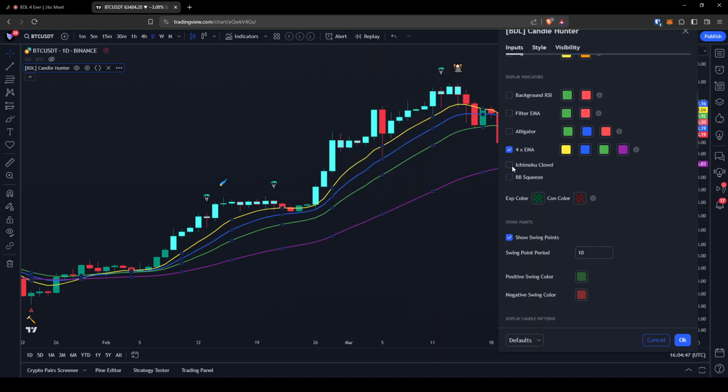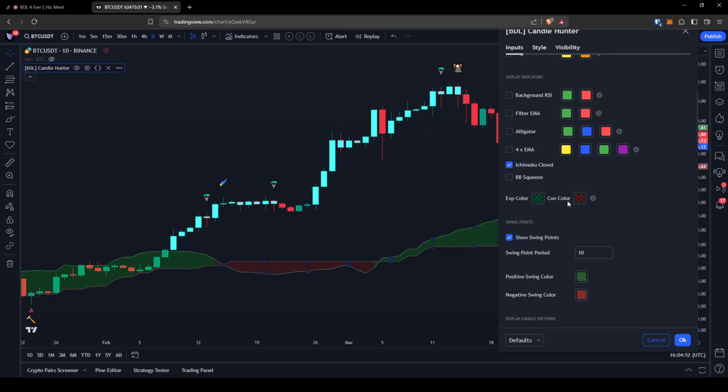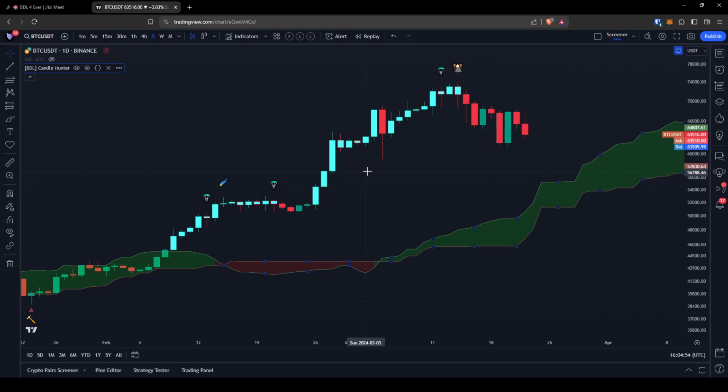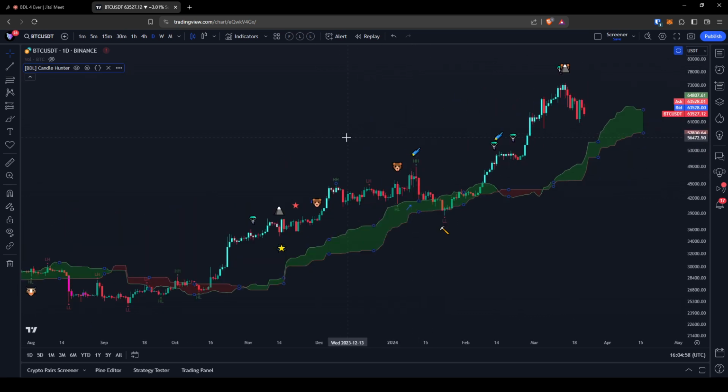Ichimoku Kinko Hyo. Ichimoku. What can you tell me about that? The Ichimoku cloud is a really powerful indicator. It was invented by Goichi Hosoda, a journalist from Japan.